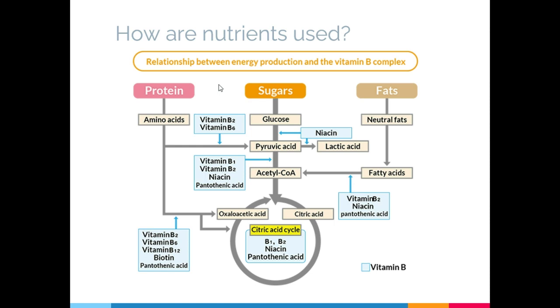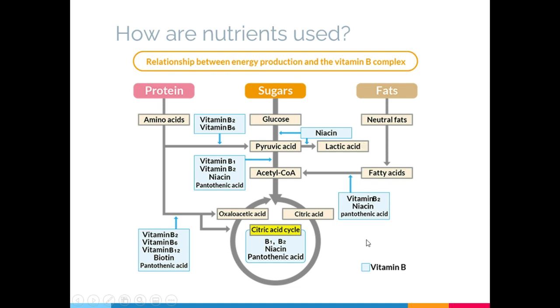Yeah, and this is an example of how vitamins are used. They are also used in metabolism of energy or in the harvest of energy. Okay, they are also used in the breakdown of proteins, carbohydrates, and fats for energy.